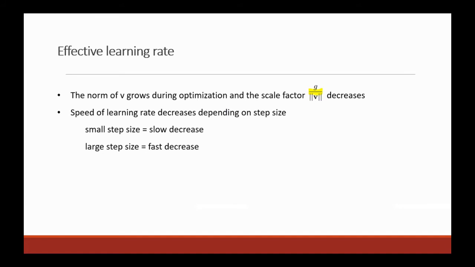The effect is that the model can automatically tune the learning rates. But it also matters how fast the norm of V grows. Well, it depends on two factors. If you take large steps, the norm of V increases quickly. On the other hand, if you are taking small steps, it stays almost the same.